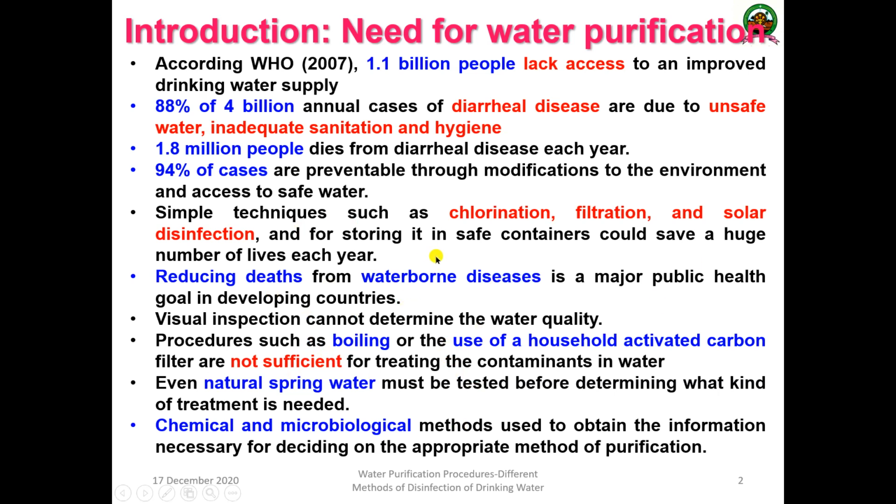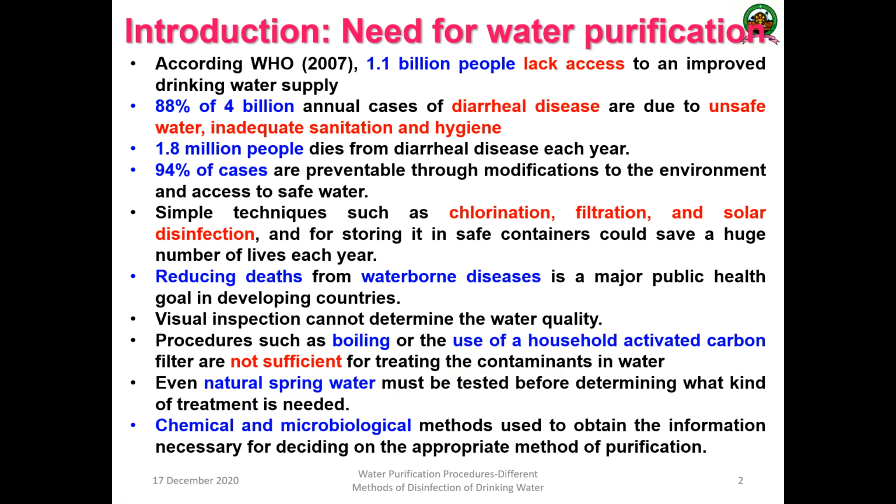There are procedures such as boiling or household activated carbon filters available, but these methods are not sufficient for treating the contaminants in the water, especially in killing the microorganisms present in the water. Even natural spring water must be tested before determining what kind of treatment is required.